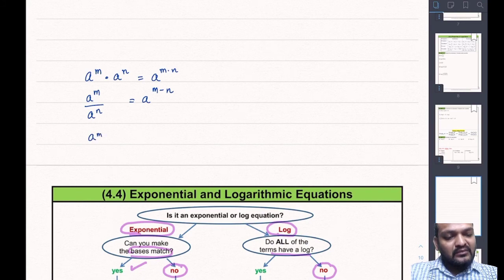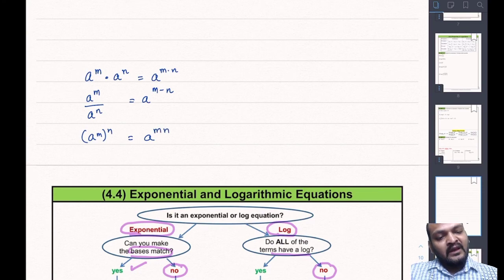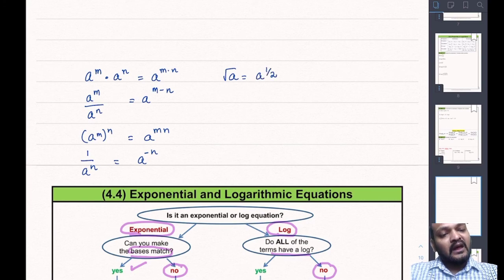A to the m raised to the n is equal to a to the m times n. And 1 over a to the n is equal to a to the minus n. The square root of a would be a to the 1/2, and the cube root of a would be a to the 1/3.